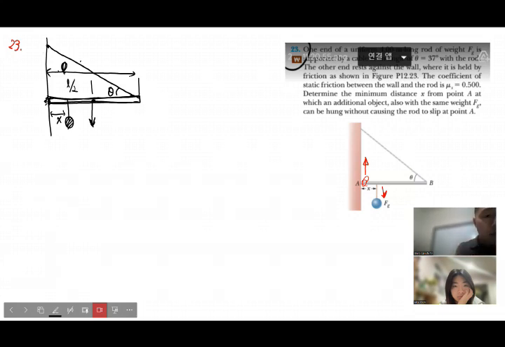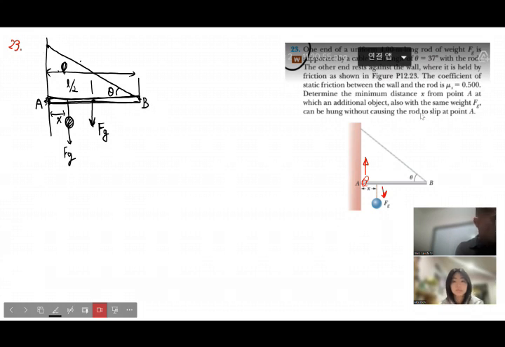And then the weight of this rod is Fg, and the other condition is that this ball attached to this rod is also Fg in weight. So that's point A and point B.